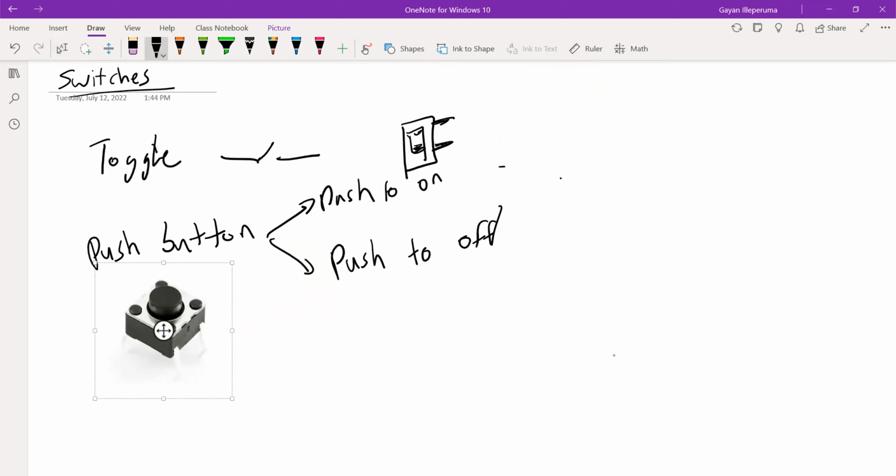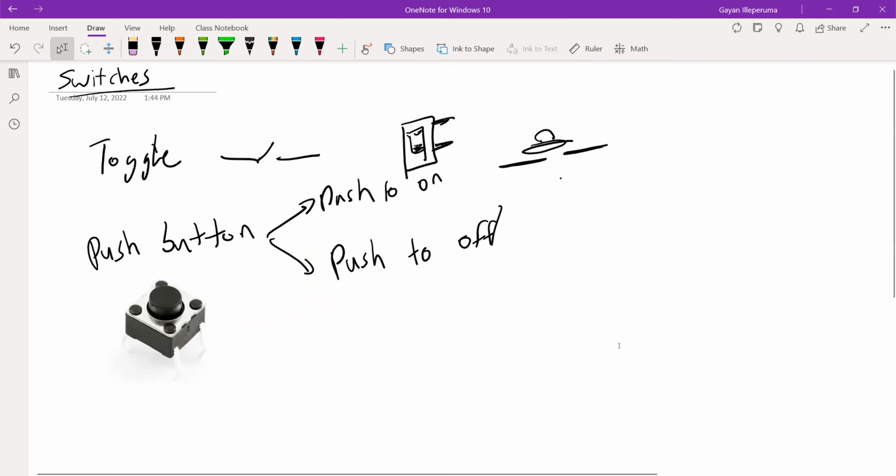Push to on means its symbol goes like this. When you push the button, the electrical connection is made. When you say push to off, by default you have the connection, but when you push it down, the connection is broken.